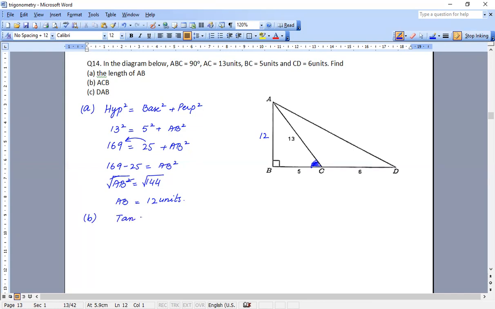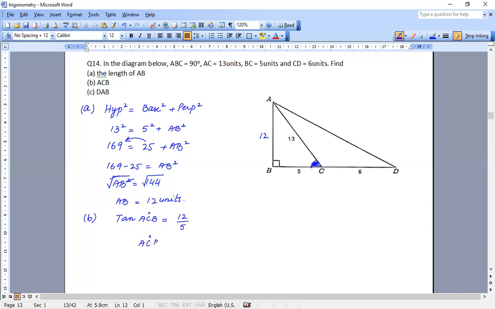So in part B, I am going to use tangent theta. The angle which we are trying to find out is ACB, so instead of theta, I am writing ACB. Tangent ACB is equal to opposite upon adjacent. Opposite is 12 and adjacent is 5. 12 upon 5, you may divide it or you may leave it just like this.